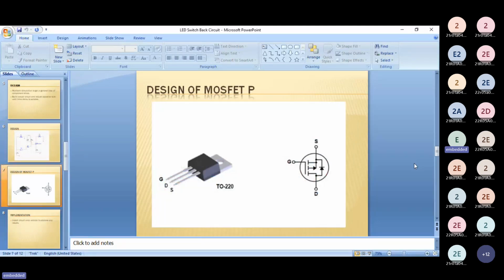So this was the design of a MOSFET P. So this is how the MOSFET looks like and the diagram of the MOSFET working.